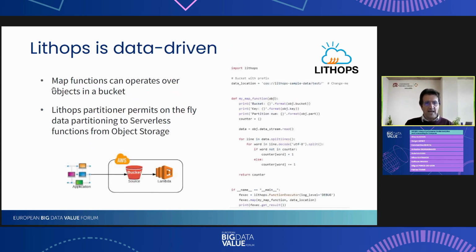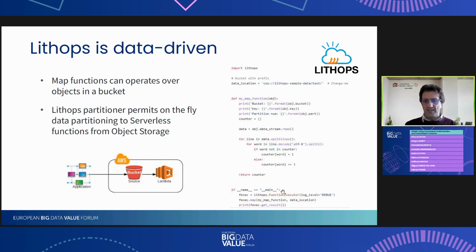When you execute a map function that processes data in parallel from a bucket in object storage, you just point to this bucket. For example, take the hello world of big data, word count. You say, I want to process my map function over this data location. In this location you can have 1 gigabyte, 100 megabytes, 1 terabyte, or 1 petabyte, whatever you want to put there.